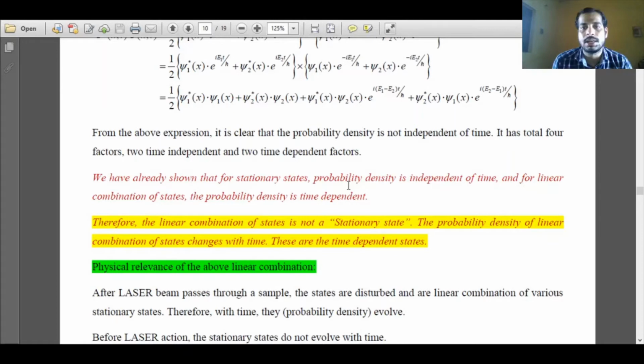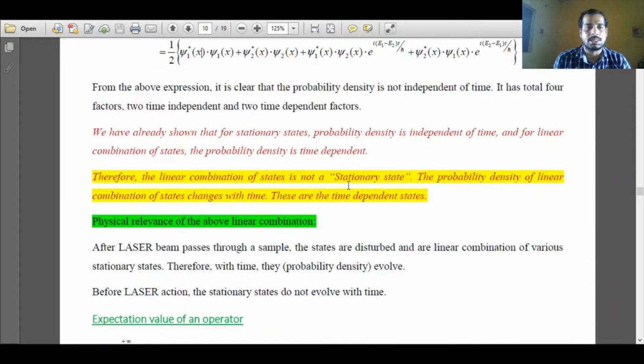So when we take a linear combination of different wave functions, the resultant wave function is not a stationary state. Therefore a linear combination of states is not a stationary state. The probability density of a linear combination of states changes with respect to time. These are the time dependent states.